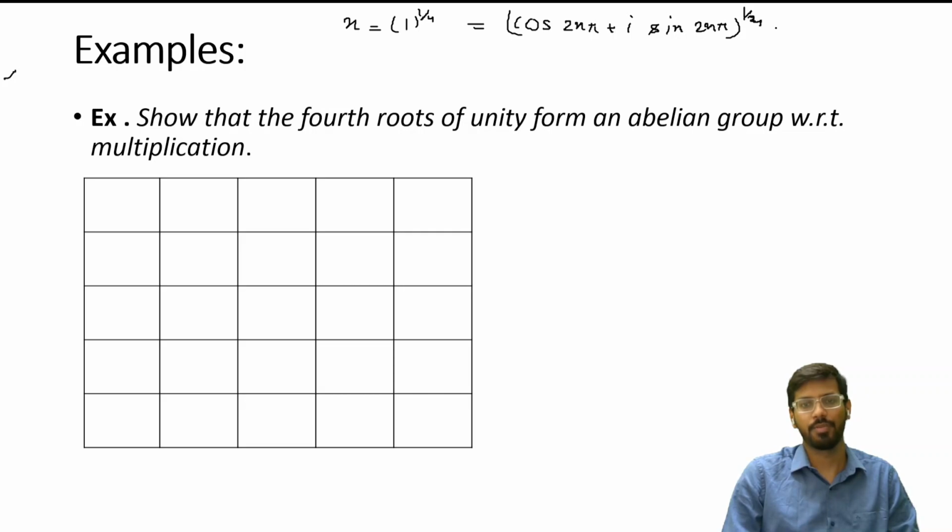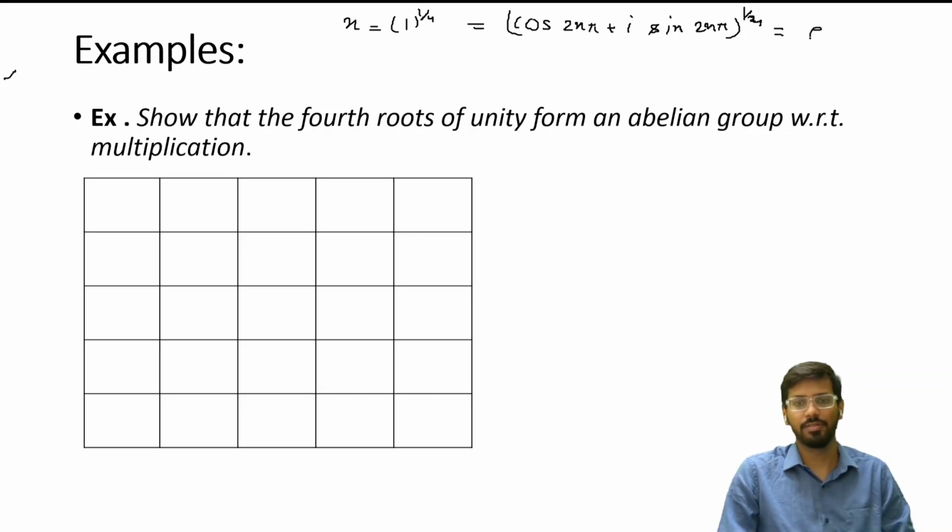Or by Euler's equation, we can write e raised to iota 2 n pi by 4, that is equal to cos 2 n pi by 4 plus iota sin 2 n pi by 4.